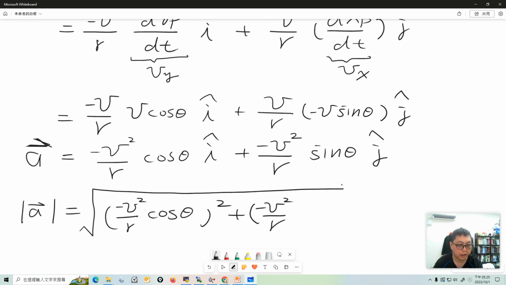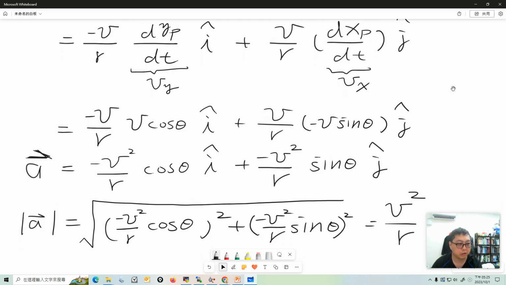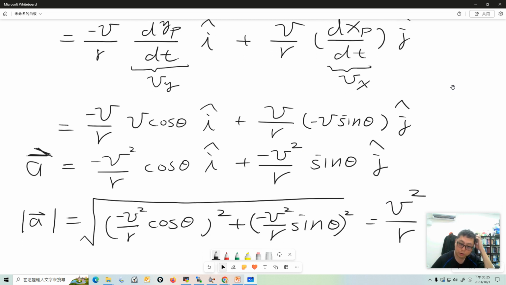At the beginning it looks very ugly, but in the end you will find it is just equal to v squared over r, just what you see in textbooks. The magnitude of the centripetal acceleration vector is v squared over r. So that's the quick proof for the magnitude of centripetal acceleration.